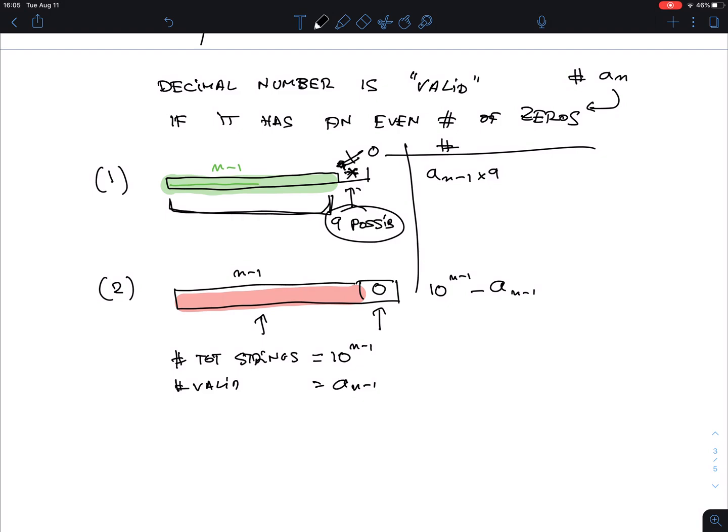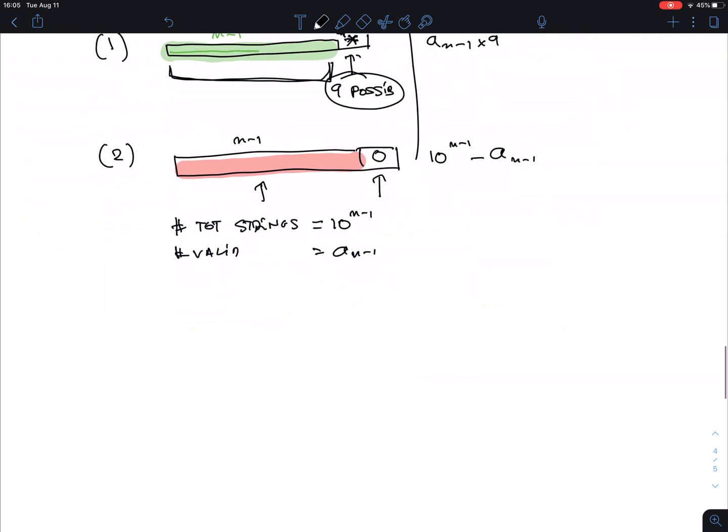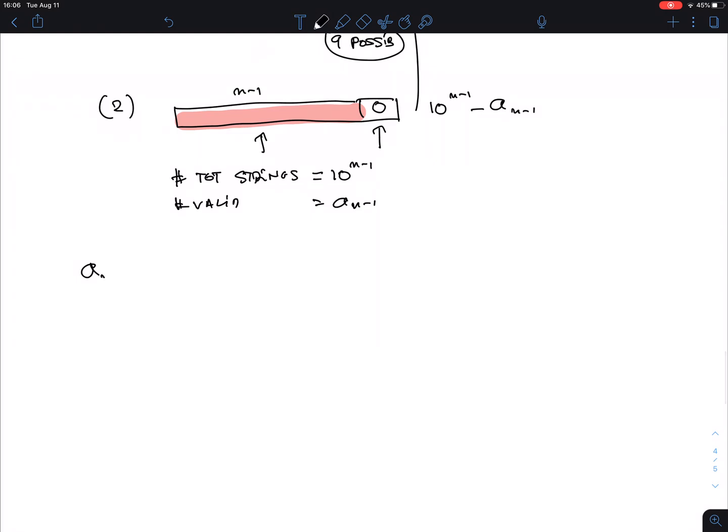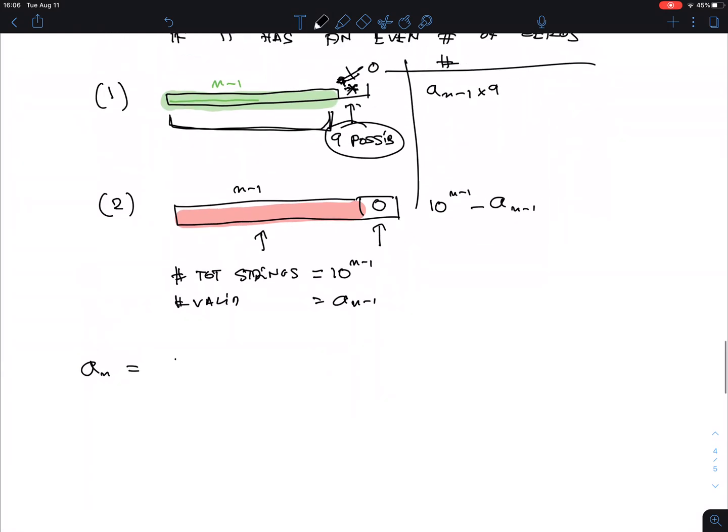Is there any overlap? No, obviously not, because it depends on what the last digit is. So the total number a_n is, by the sum rule, 9 times a_(n-1) plus 10^(n-1) minus a_(n-1).